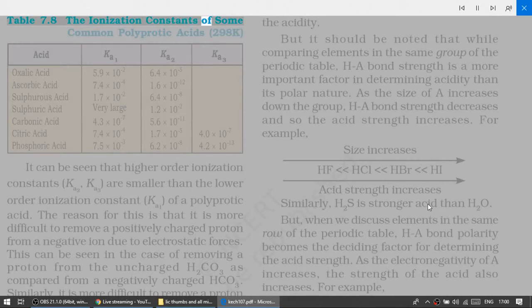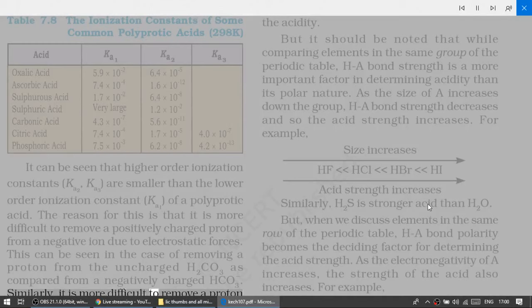Table 7.8 The ionization constants of some common polyprotic acids at 298 K. It can be seen that higher order ionization constants, K2, K3, are smaller than the lower order ionization constant, K1, of a polyprotic acid. The reason for this is that it is more difficult to remove a positively charged proton from a negative ion due to electrostatic forces. This can be seen in the case of removing a proton from the uncharged H2CO3 as compared to a negatively charged HCO3⁻.